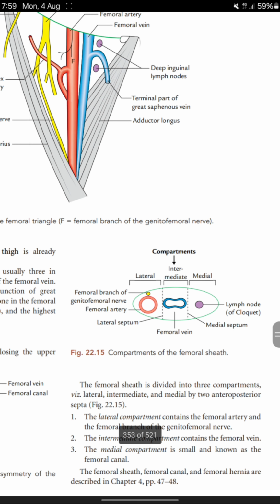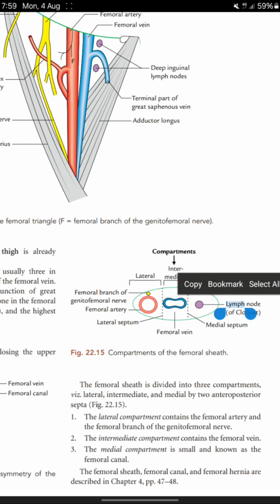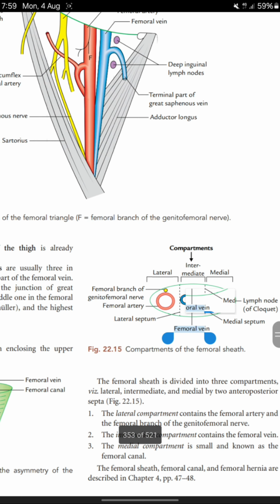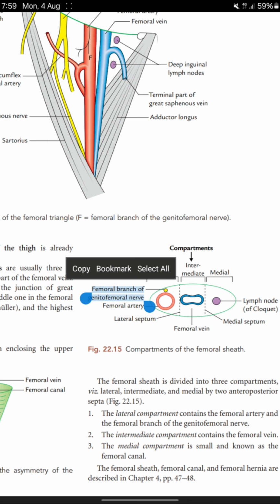Now we also have to remember the sequence from medial to lateral. The medialmost structures are lymph nodes, also called lymph node of Cloquet or Rosenmuller. Then we have septa, which form the separation between the medial and intermediate compartments. In the intermediate compartment, we have the femoral vein. And in the lateral compartment, we have two structures: the femoral artery and the femoral branch of the genitofemoral nerve.